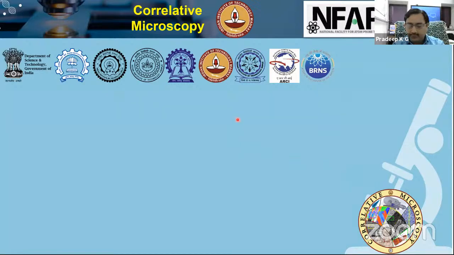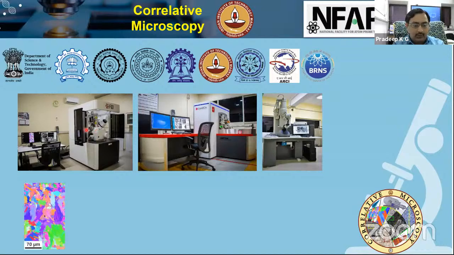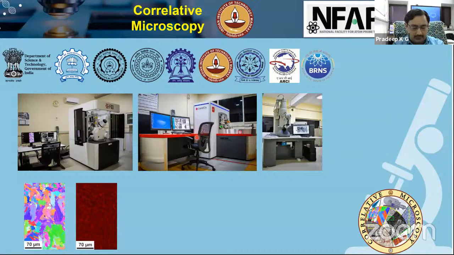So to support this whole activity, we already have a set of microscopes which are extremely advanced. IIT Madras is one of the first institutes to have such a national facility where we have this atom probe to support us in identification of chemistry at atomic scale. We have a dual beam microscope to look at these microscale features and prepare samples suitable for atom probe.